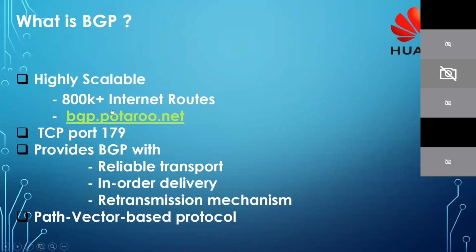You can refer to this site. When you go to this site, you will see in the BGP table that on this day there are more than 800,000 routes. This is for IPv4, and for IPv6 there are more.